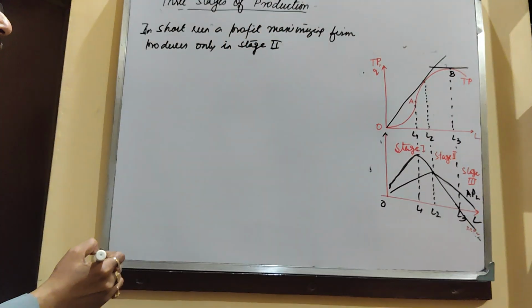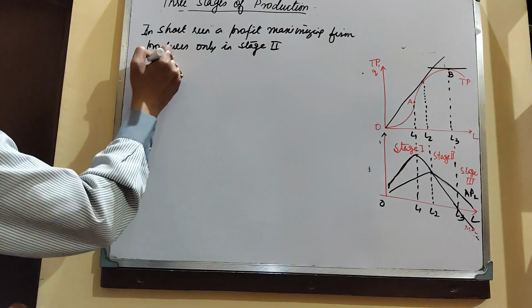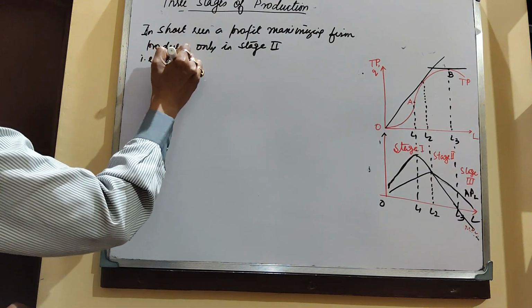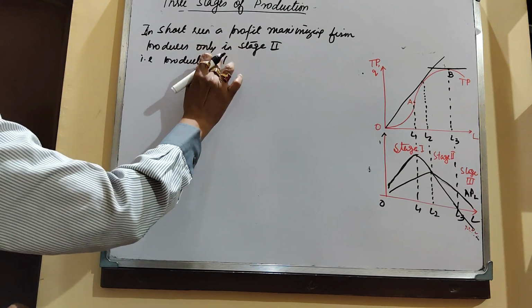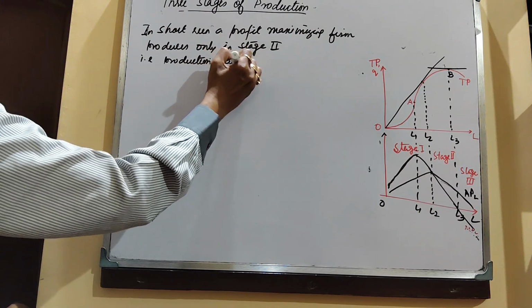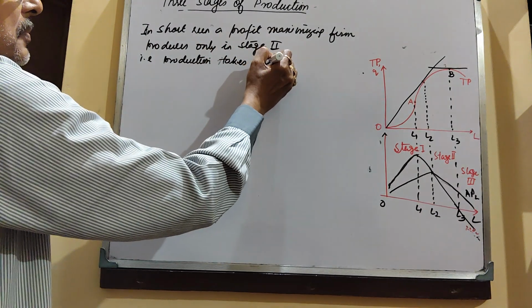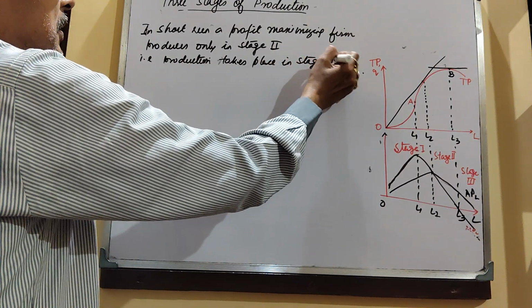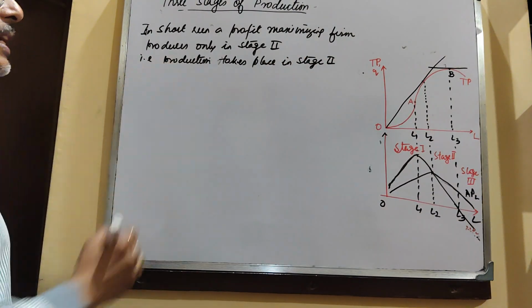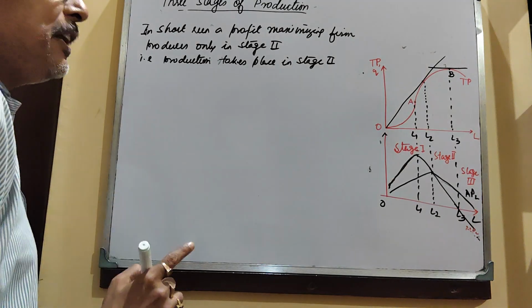That is, production takes place in stage 2, where the firm is profit maximizing.